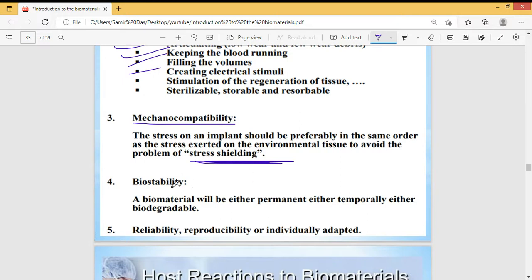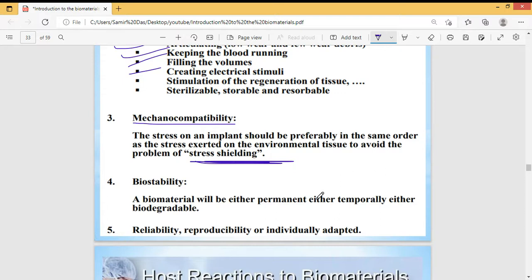Next is biostability. So the biomaterial will be either permanent, temporary, or biodegradable. Keeping in mind that if it is used for a temporary purpose, maybe we can go for a bioinert one.